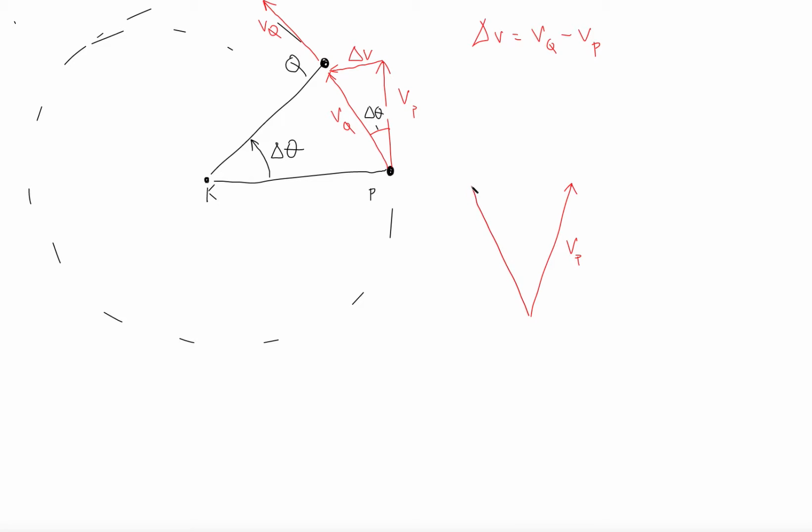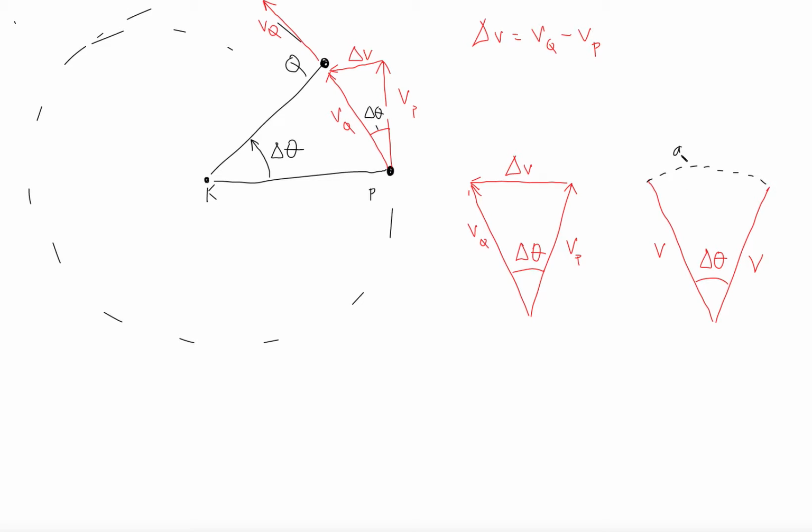Here I've got Vq, and this is my delta V, and here is delta theta. Well, if I forget the directions for a moment, these velocities, then I could replace Vp and Vq with just V, the speed, the linear speed that the particle's going. And I can make this into a little circle sector of radius v and angle delta theta.